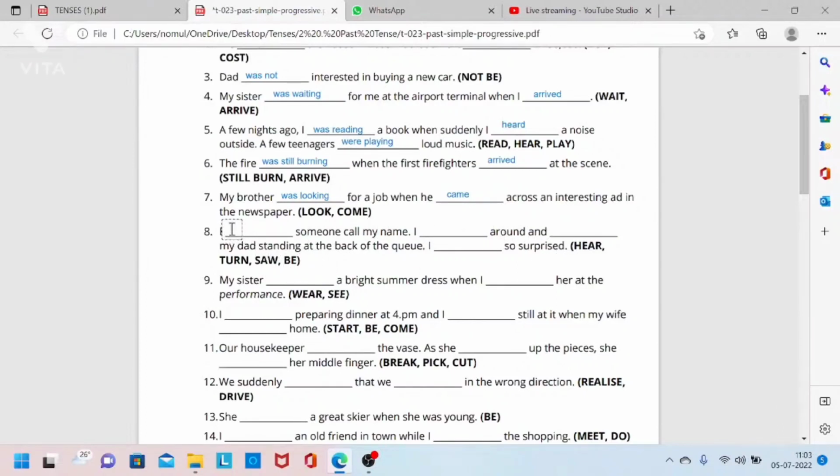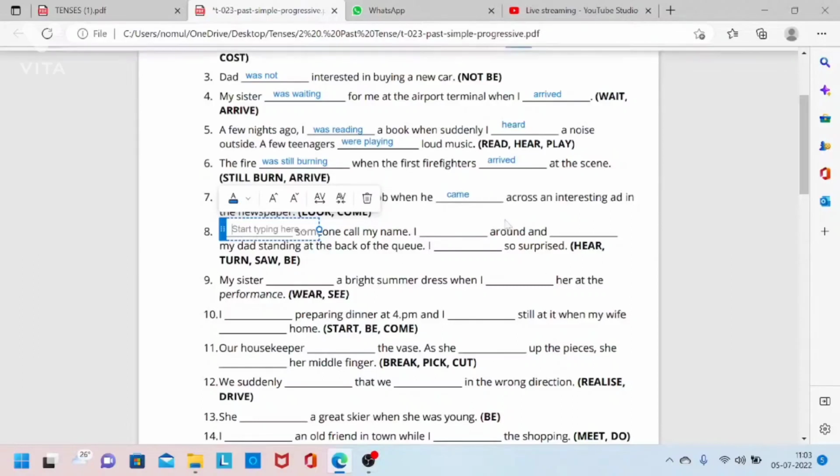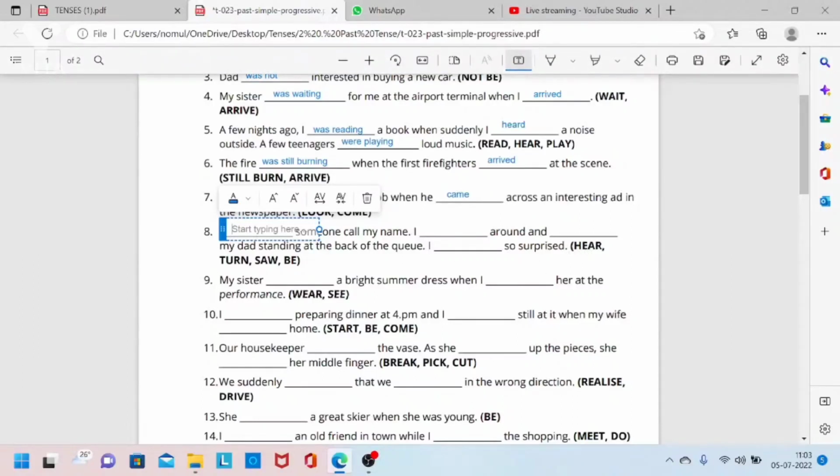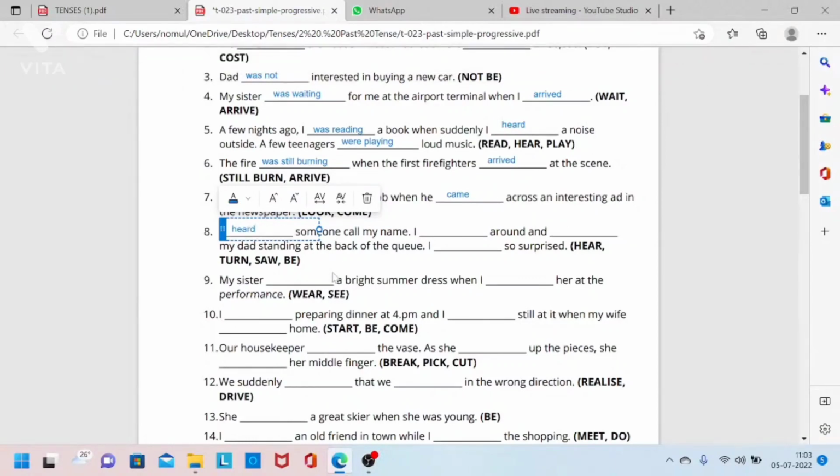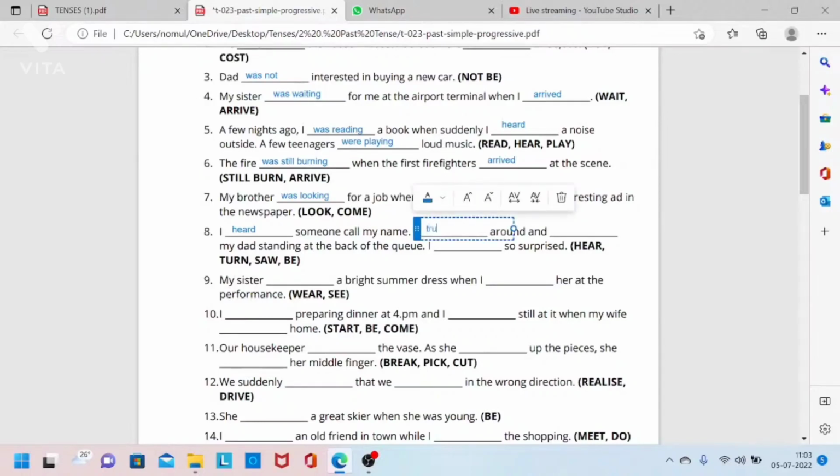So let us look at the first blank now. What we have to write: I heard, using hear. Okay, this is a V3 formation. I heard someone call my name, and using turn we have to complete this. I turned, okay, turned around.